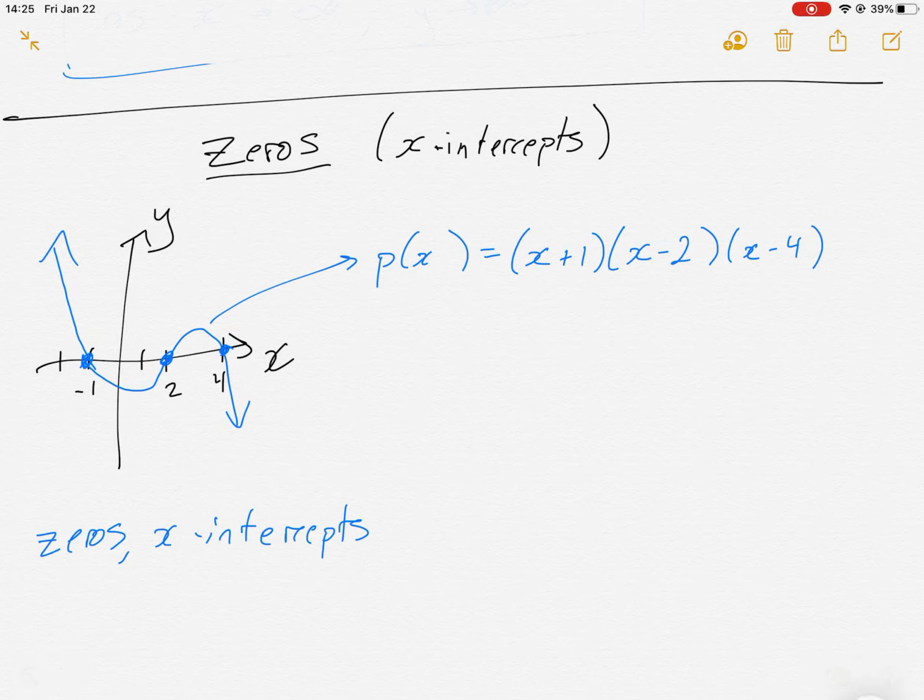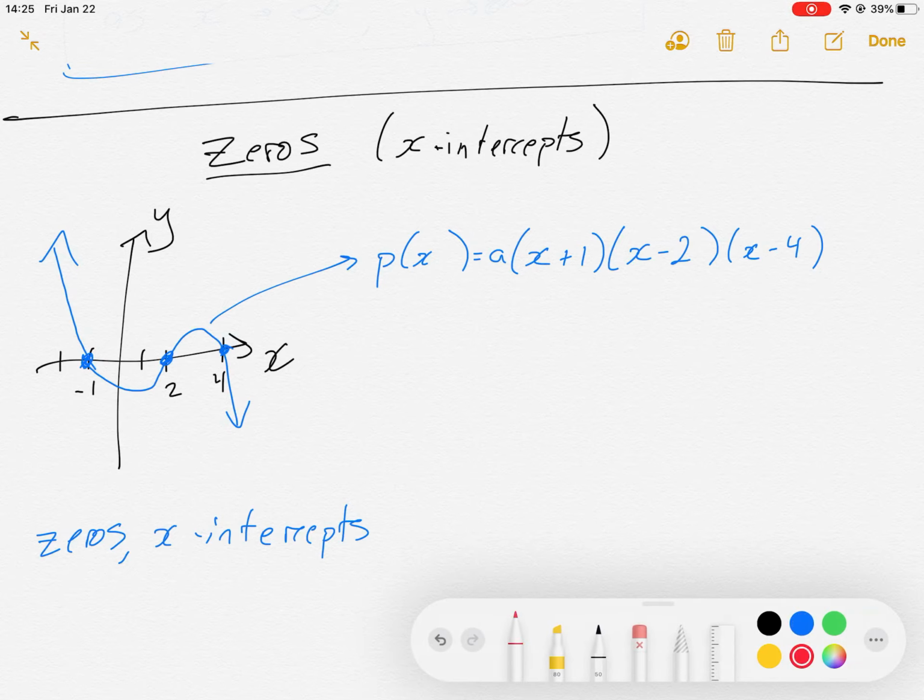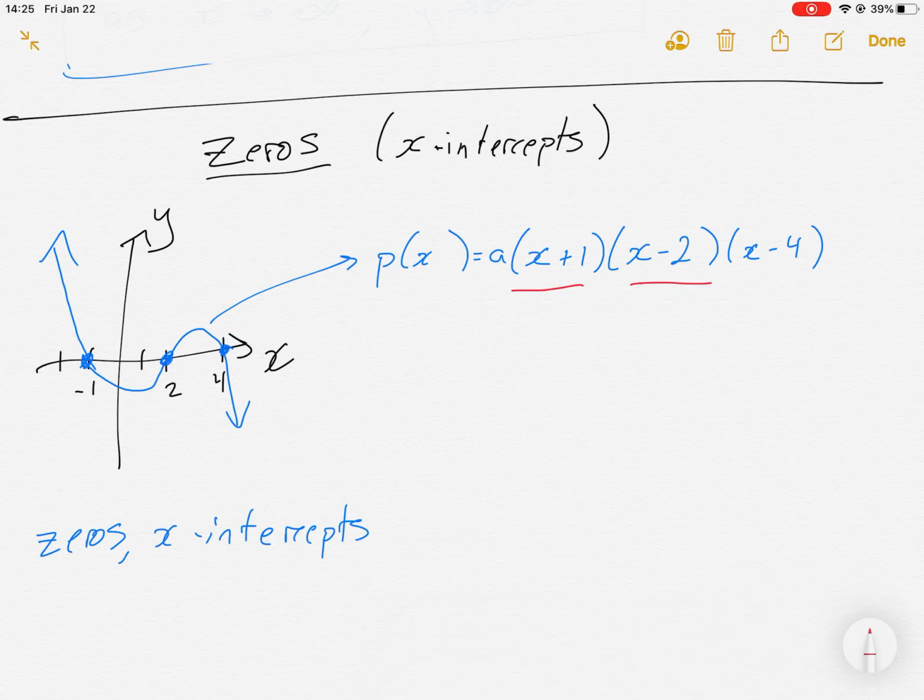This isn't quite correct though, because technically I don't know what scale this graph is, so I should really add the letter A there just to represent that this could be stretched out or shrunk or reflected, all sorts of stuff. But the point of this discussion is to show you that we can get each of these factors based on the graph.